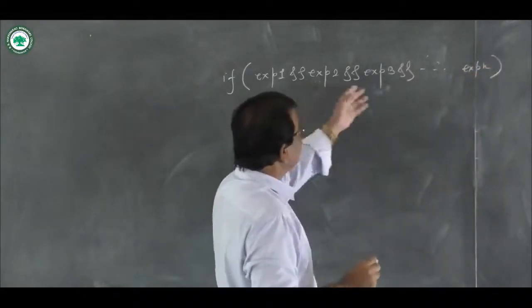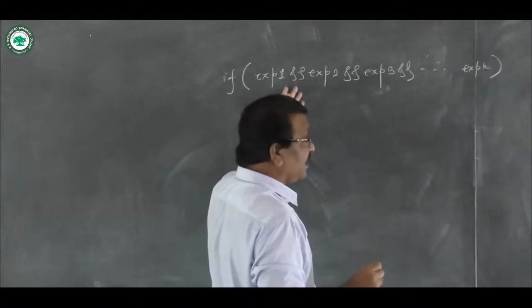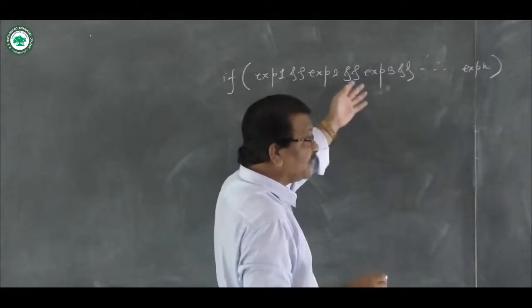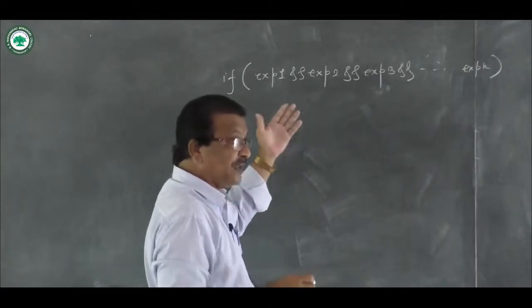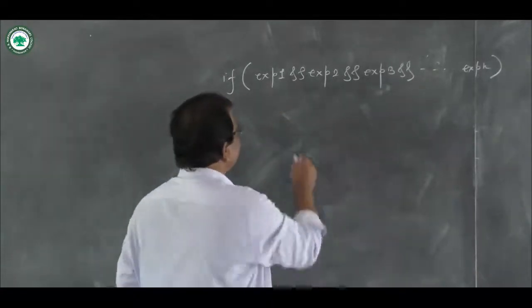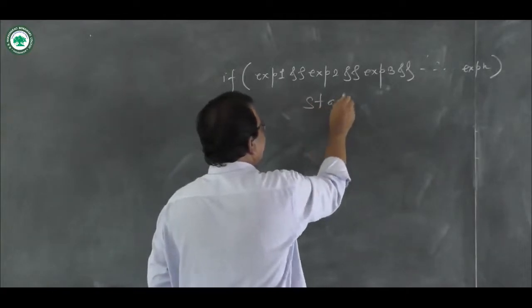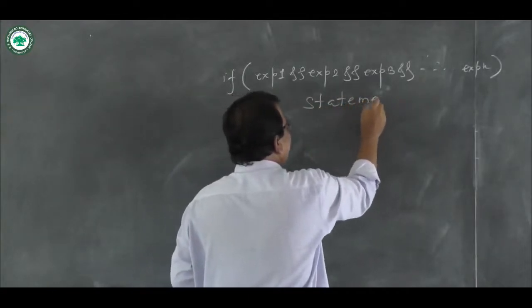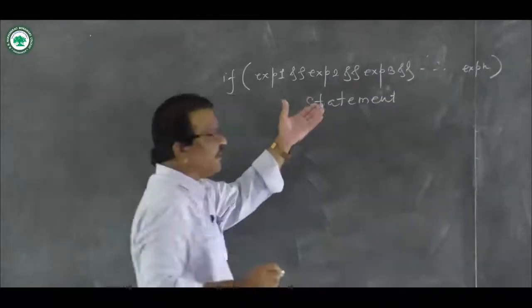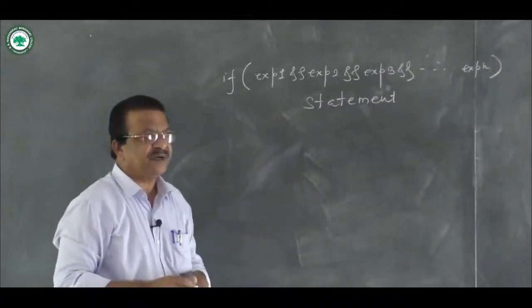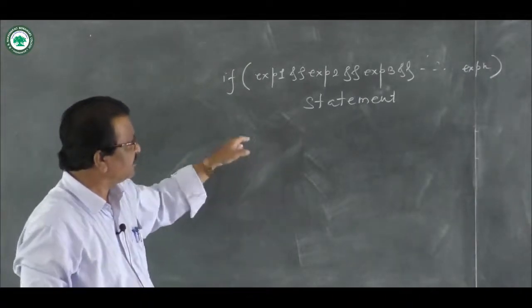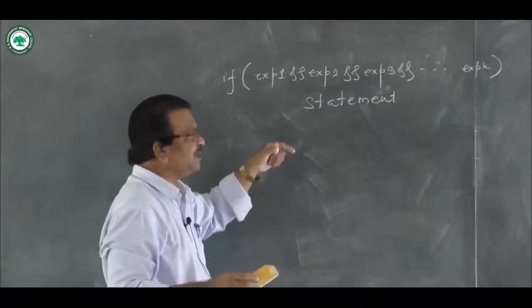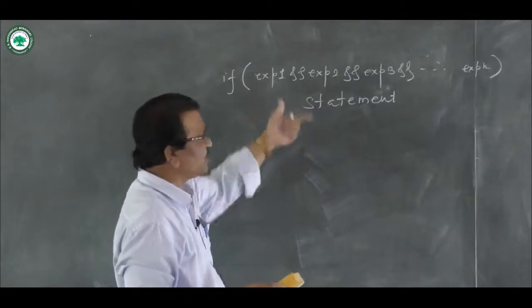If all these expressions are true, then only the product of their outcomes will be 1, or the outcome will be true, and then the statement will get executed. If any of the expressions is found to be false, then the statement is not executed, and the program execution starts from the statement which immediately follows the statement associated with these nested ifs.